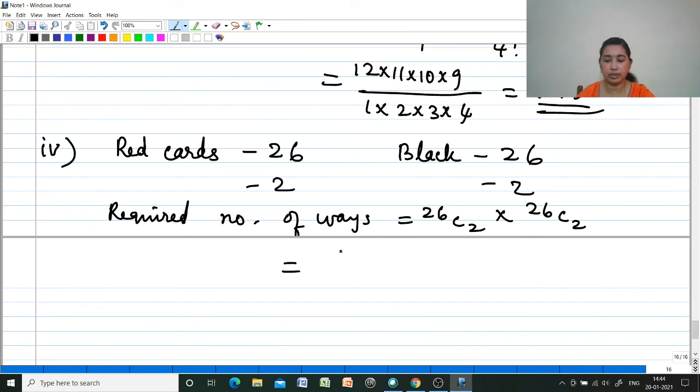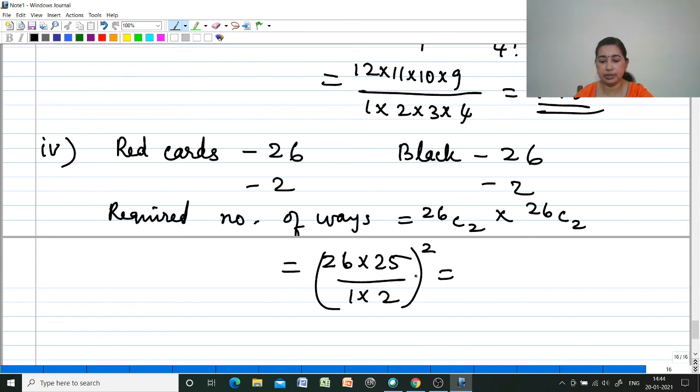And how much is 26C2? 26 into 25 by 1 into 2, that whole square. So cancelling this, we will get it as 325 whole square. That's equal to 1,05,625.